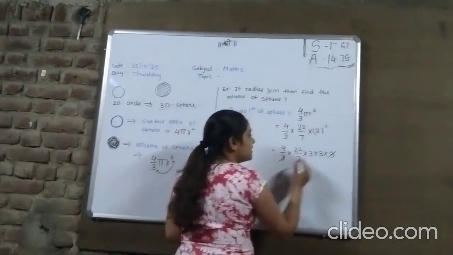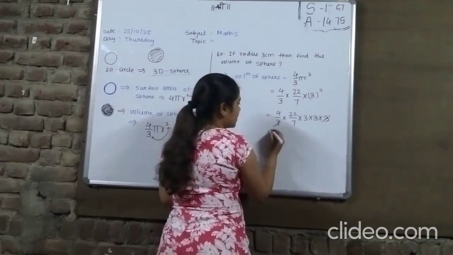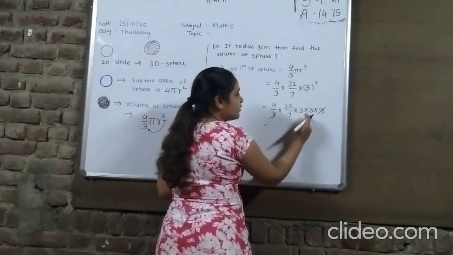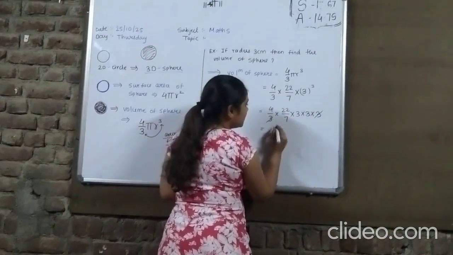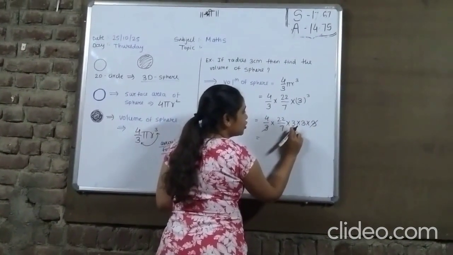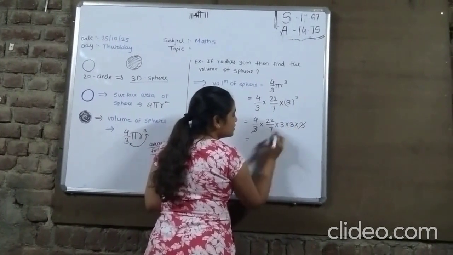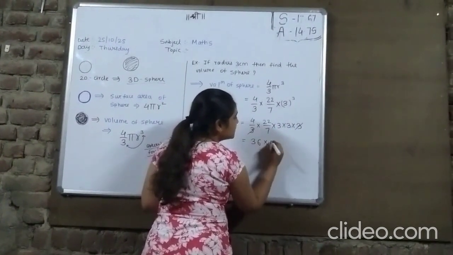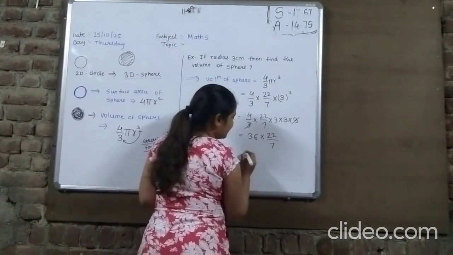One 3 will get cancelled, right? So multiply all these. 4 into 3, 12. 12 threes are 36. 36 into 22 divided by 7.